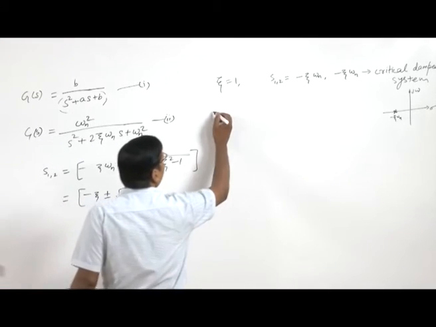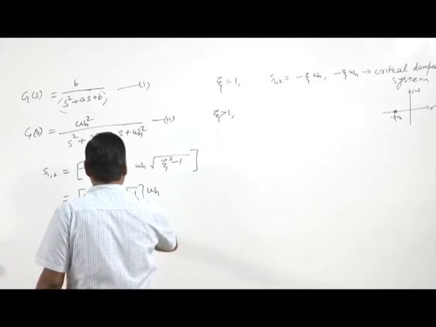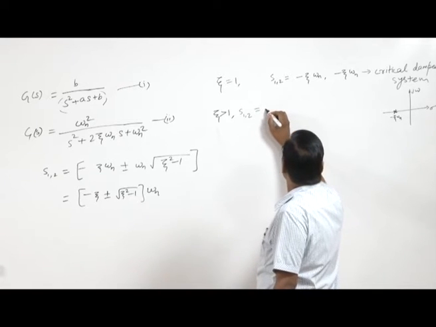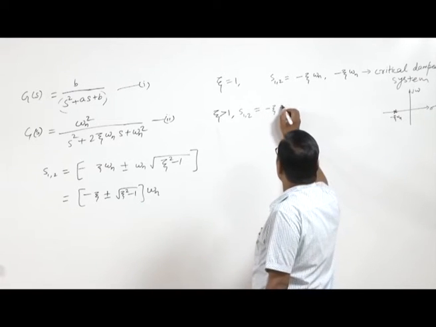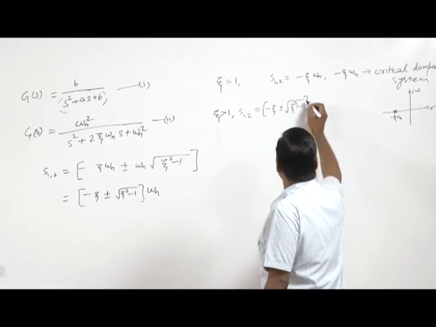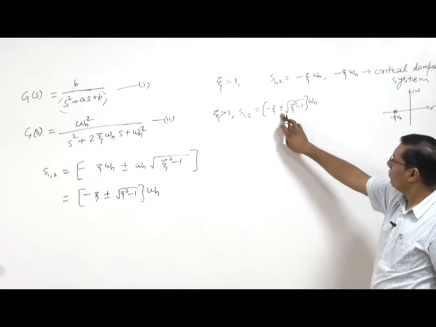When zeta is greater than 1, we have 2 roots, s1,2 equal to minus zeta plus minus root zeta square minus 1, times omega n. So here the roots are one with plus, the other with minus.